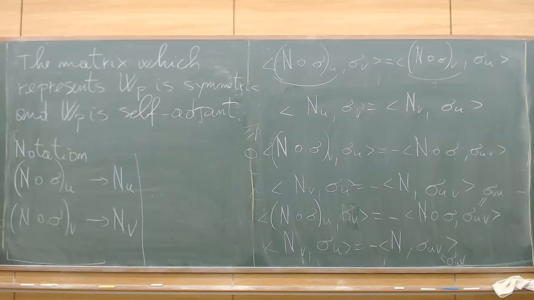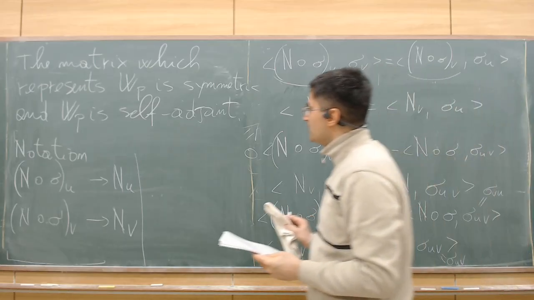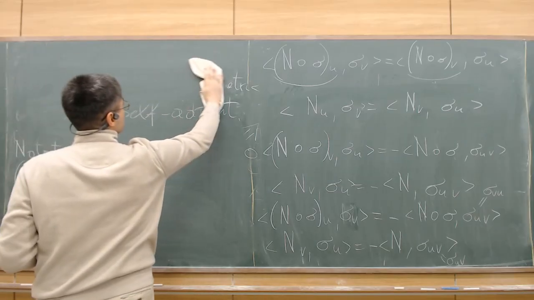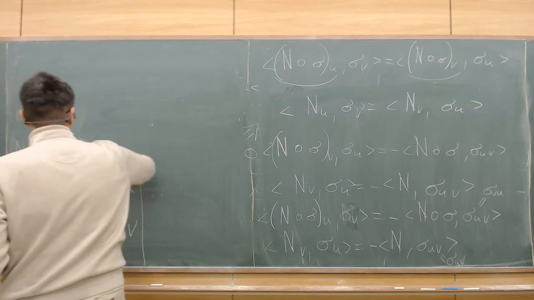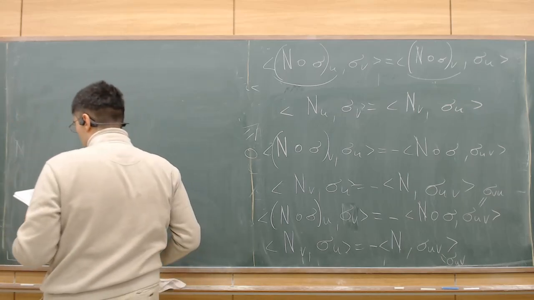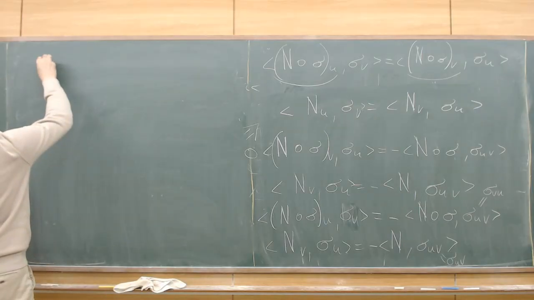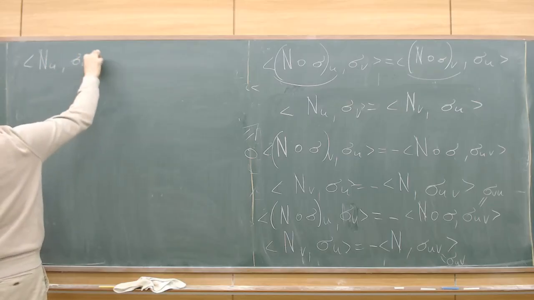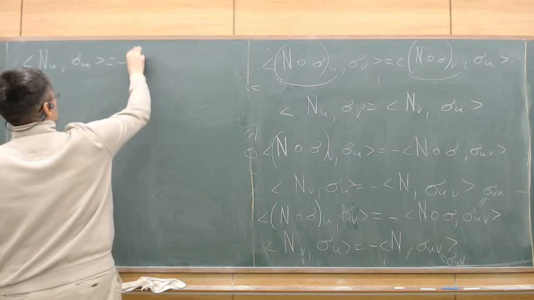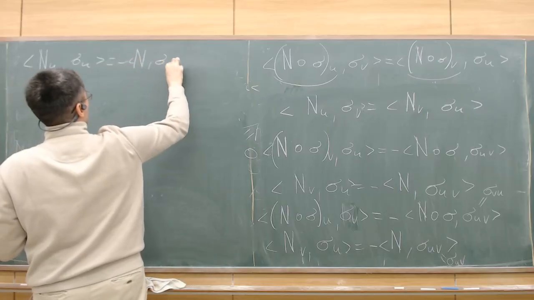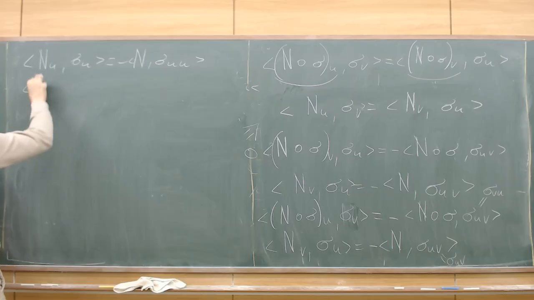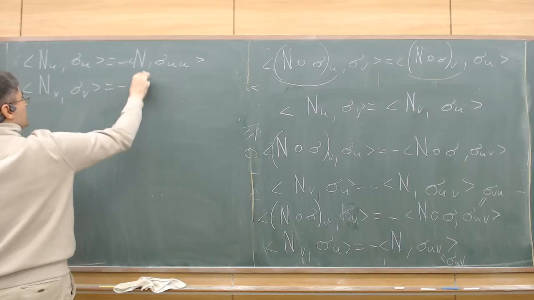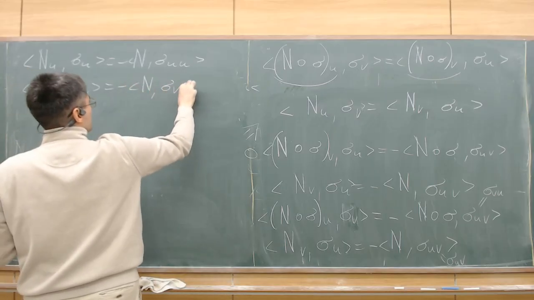And a similar computation allows you to prove that NU sigma U is minus N sigma UU and NV sigma V is minus N sigma VV.